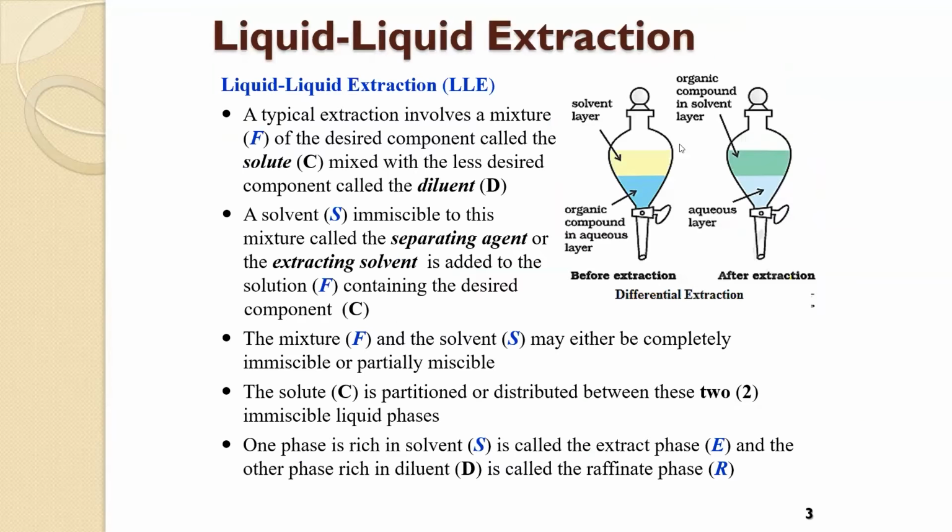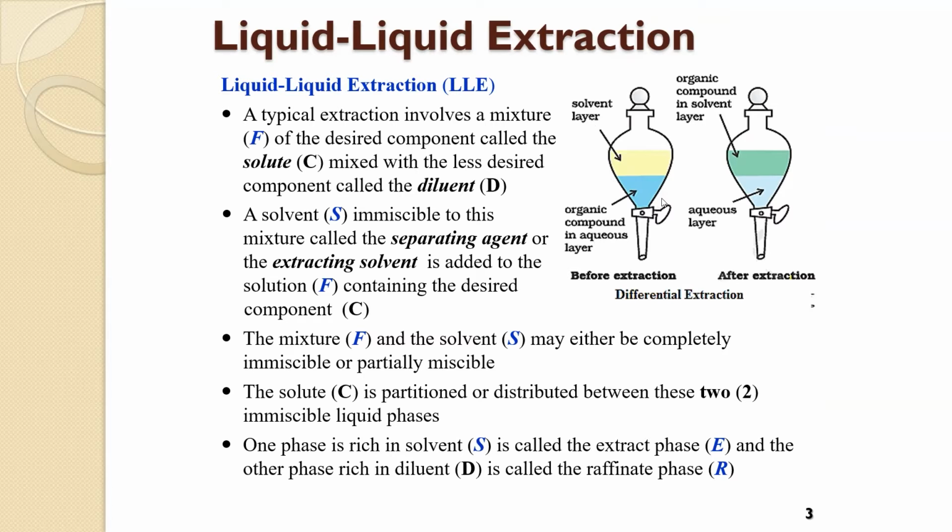So I have here some photos. Here, as you can see, before extraction, this is the organic compound, the lower layer in an aqueous layer, and then this is the solvent layer. So this is a separatory flask or separatory funnel.